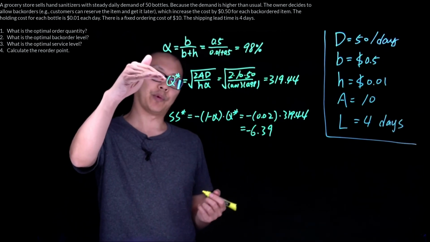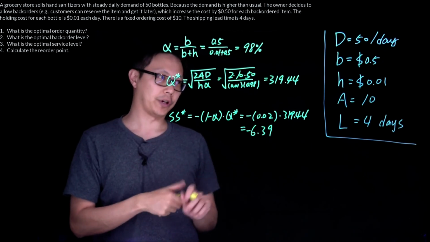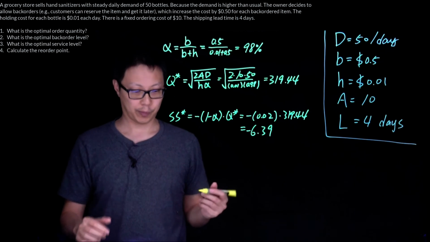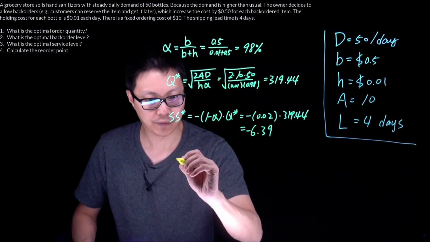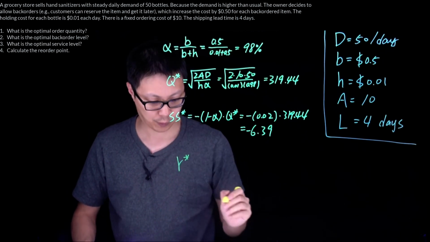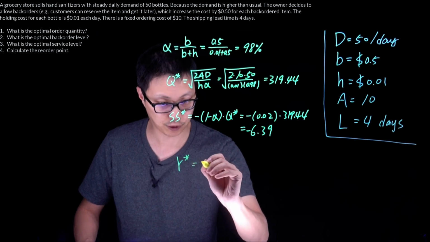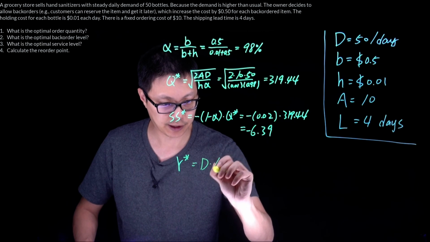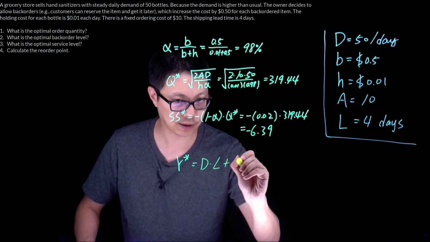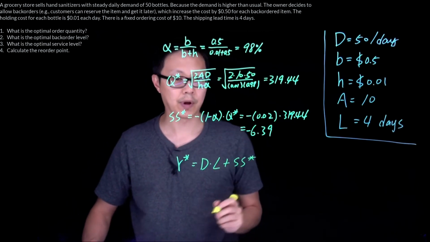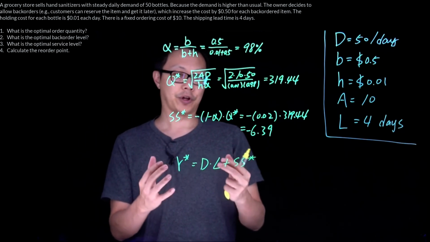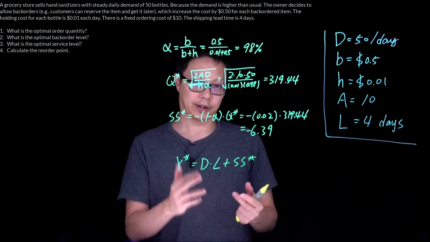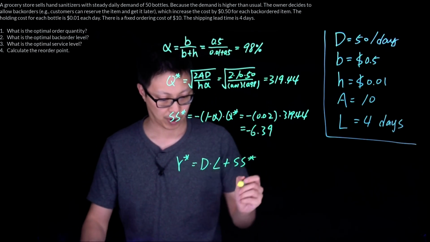And so we have the optimal order quantity, we have the back order level. Remember, we also have lead time, so we need to find out the reorder point. The formulation for the reorder point will be equal to demand rate times the lead time plus your back order level, because some of the units will be delivered to the customer who did not get the item in the previous period, and that's why you need to consider that part.